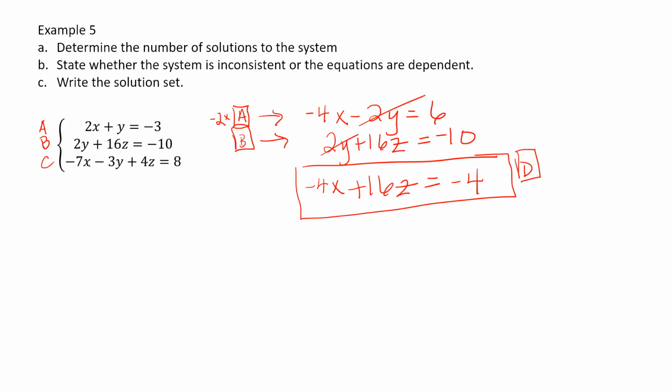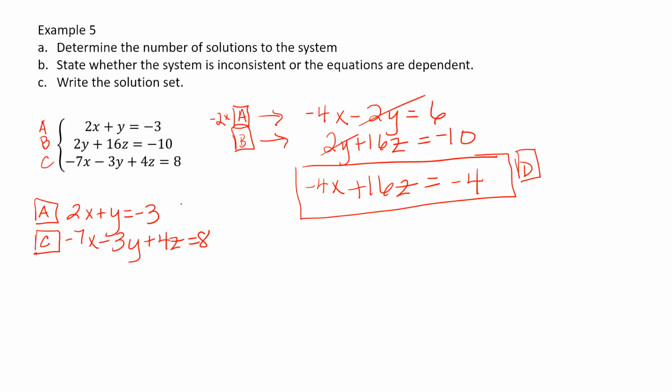Now I want to go back and take B and C, or A and C, and cancel the y's again. I have to cancel the same thing I already canceled. So I'm going to use A and C. Equation A is 2x plus y equals negative 3. And equation C is negative 7x minus 3y plus 4z equals 8. If I multiply that first equation through by 3, my y's would cancel because I'd have a 3y and a negative 3y.